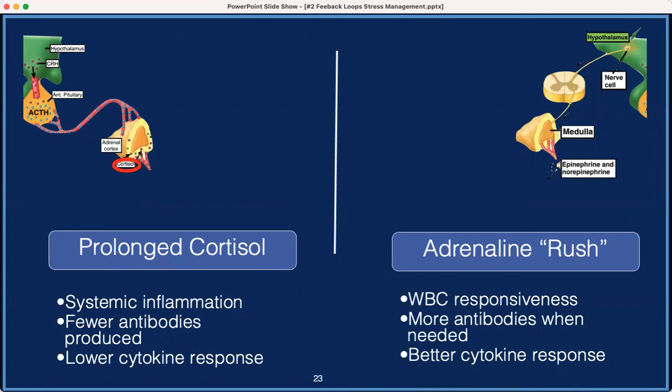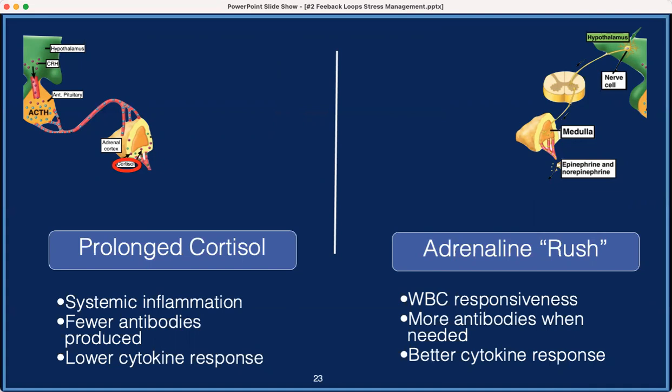So this is comparing chronic and acute stress again. With chronic stress, or prolonged persistent cortisol levels, you get systemic inflammation. Looking at the immune system, fewer antibodies are produced when you're in a state of chronic stress. Cytokines are needed to respond to inflammation and infection, so your cytokines don't respond quickly.